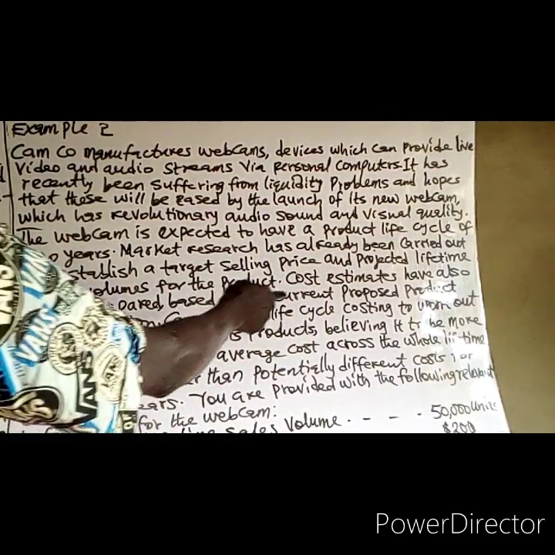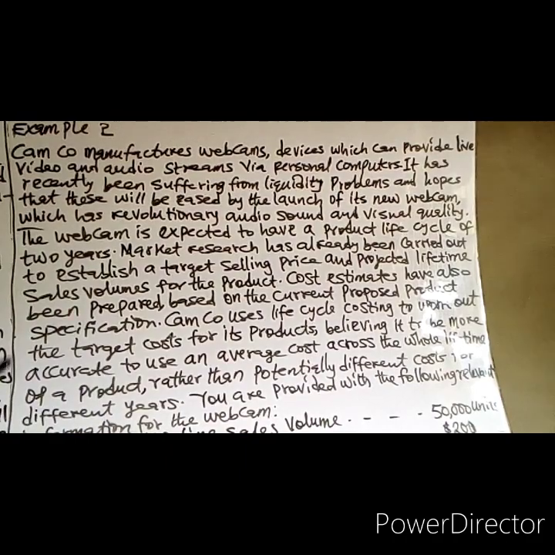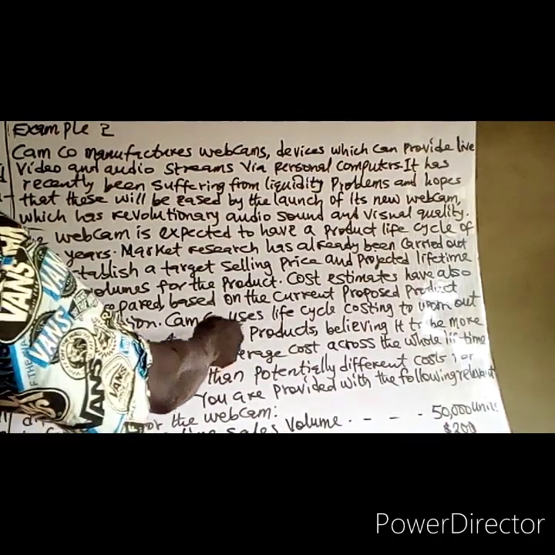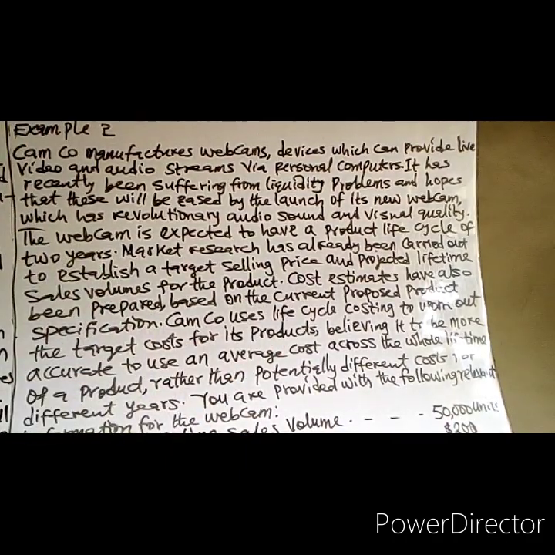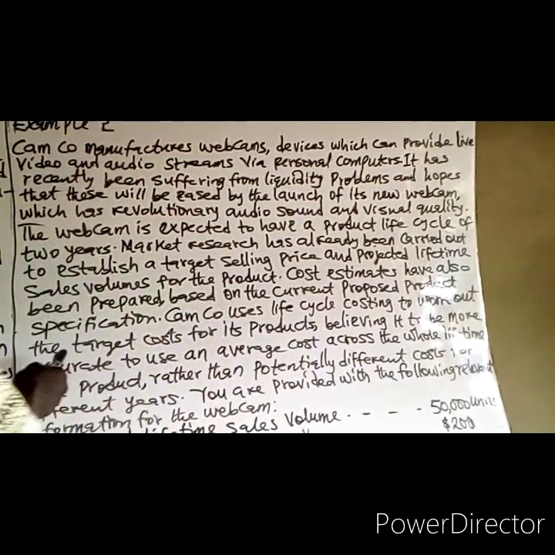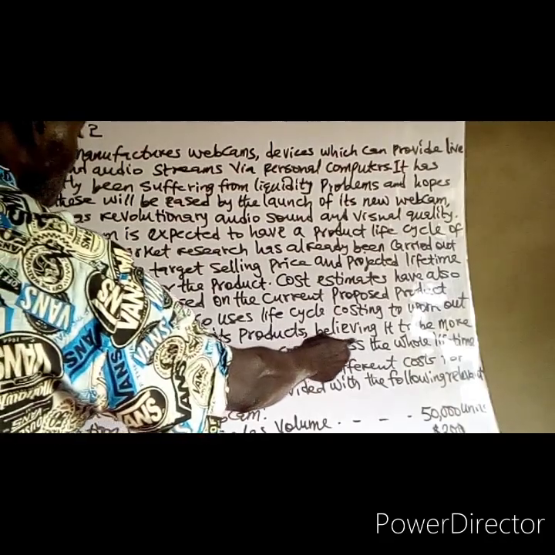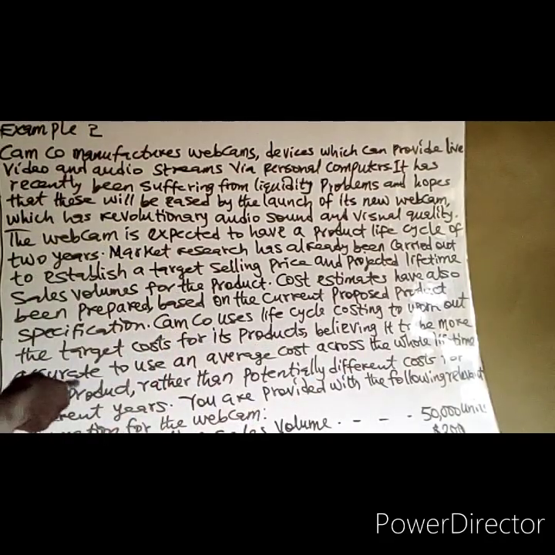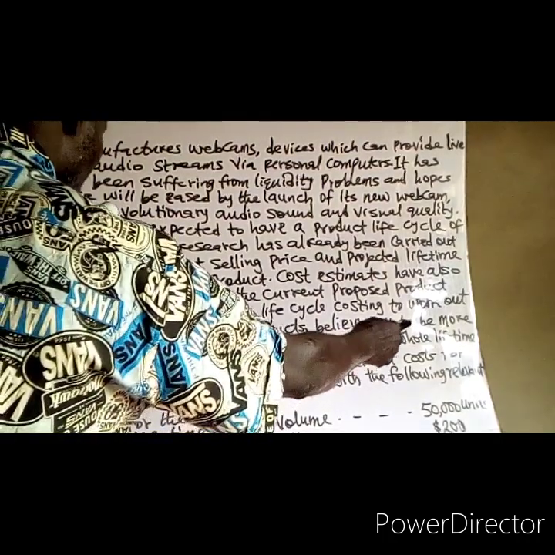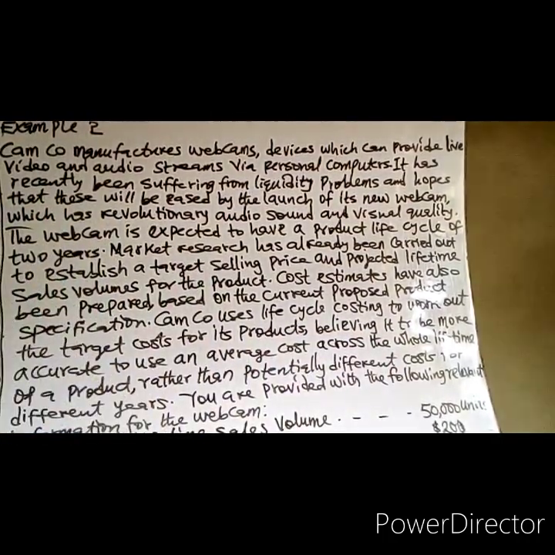Camco uses life cycle costing to work out the target cost for its products, believing it to be more accurate to use an average cost across the whole lifetime of a product rather than potentially different costs for different years.